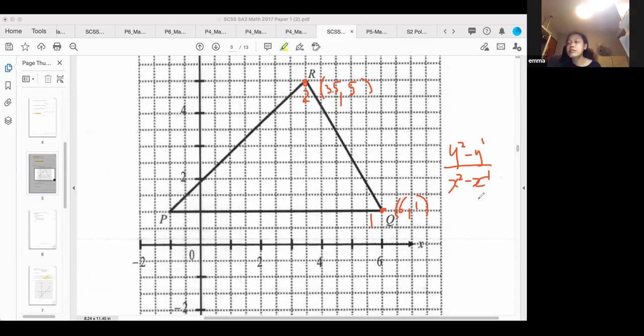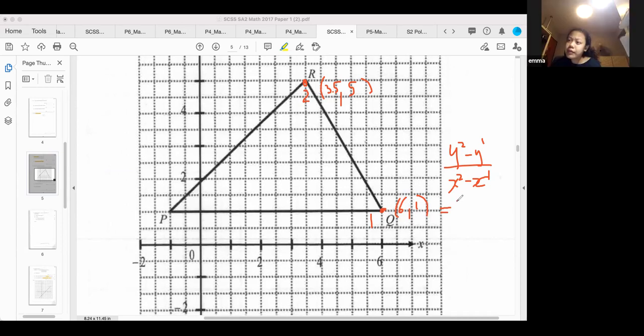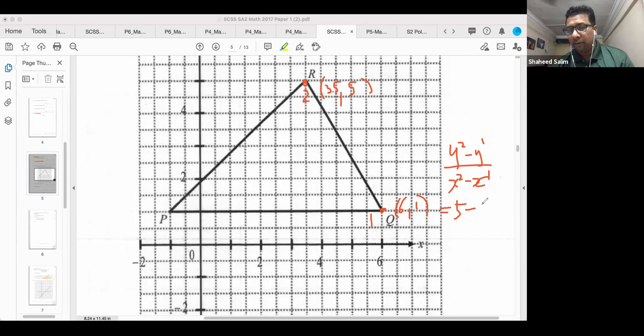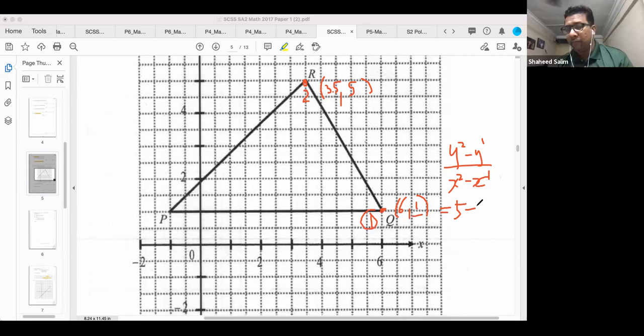You know how to fill in this one? Okay, you tell me what's Y2. What's the value of Y2? Look, this is point 2, this one point 1. XY, XY. What's Y2? 5. What's Y1? This is point 1, right?